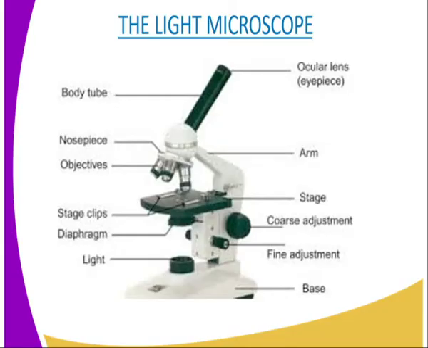We still have the body tube, the nose piece, the objective lens, stage clips, the diaphragm, the light, the base, the fine adjustment knob, the coarse adjustment knob, and the stage. This is just a diagram representation of the microscope, but we are going to look at the function of each part.